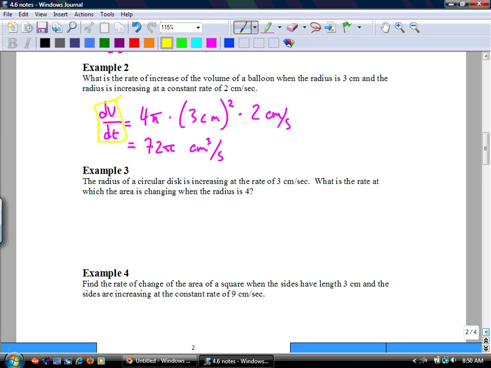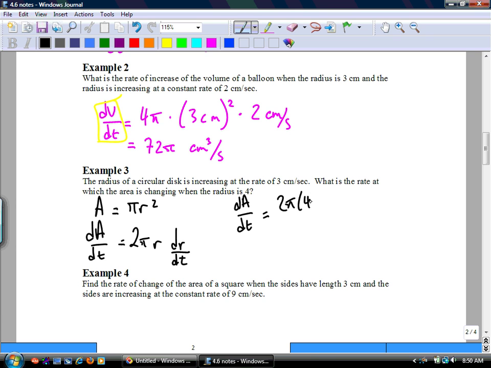The radius of a circular disk is increasing at the rate of 3 centimeters per second. At what rate is the area changing when the radius is 4? So the formula for the area of a circle is pi r squared. The derivative is dA/dt equals 2 pi r dr/dt. Now where do the numbers go? dA over dt equals 2 pi times 4 times 3.